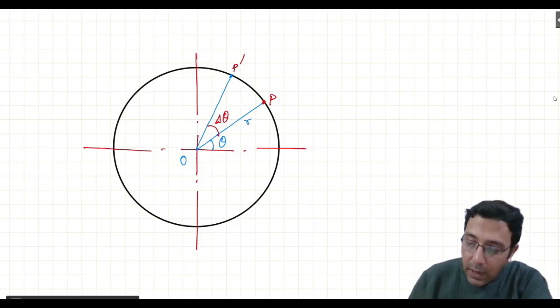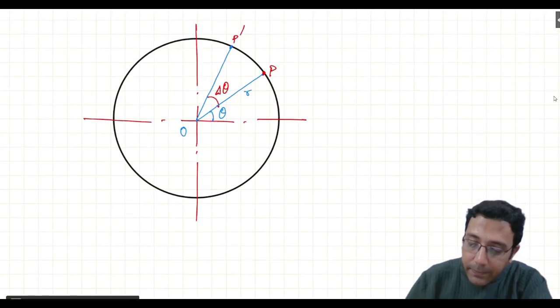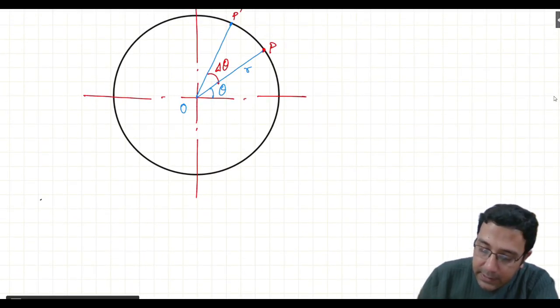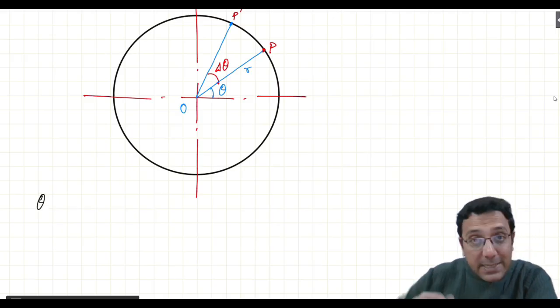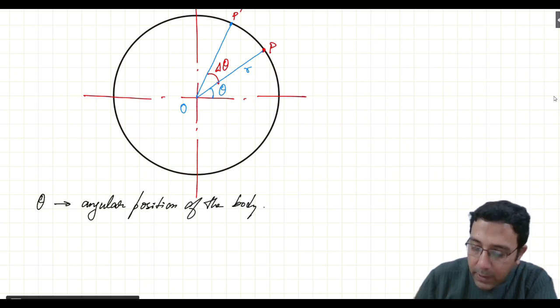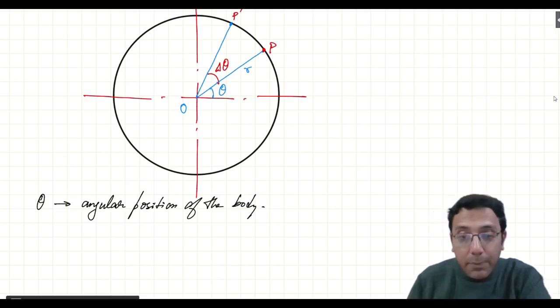So theta, the present position of the body, will be called the angular position. New terms we'll be learning: angular position.